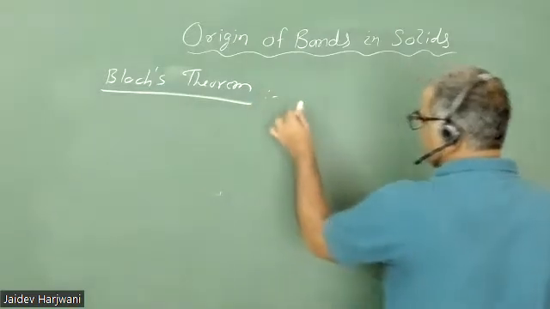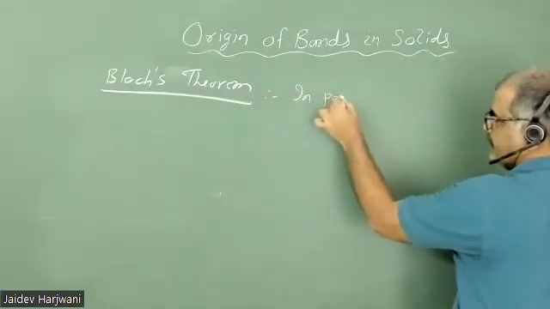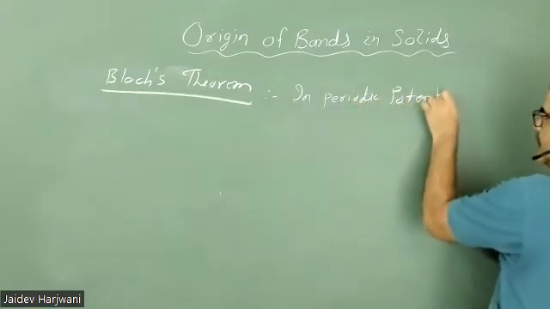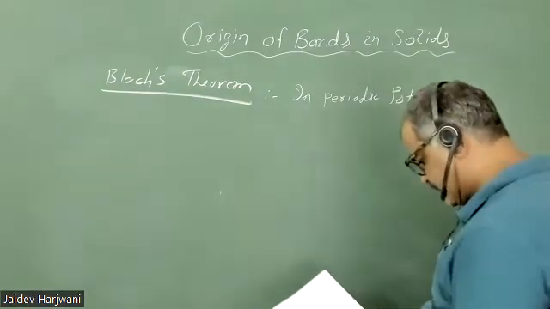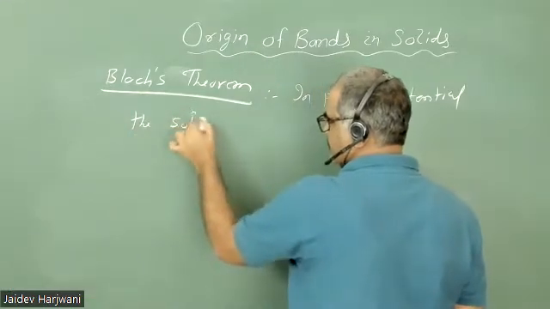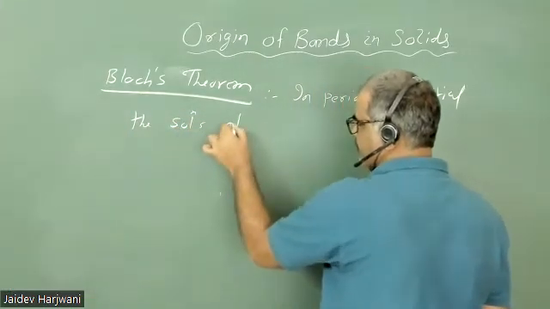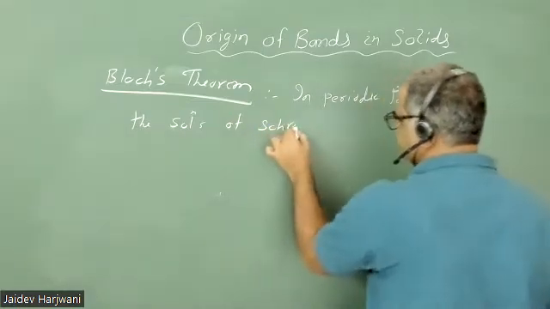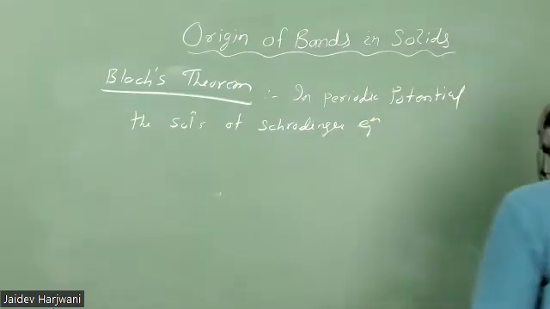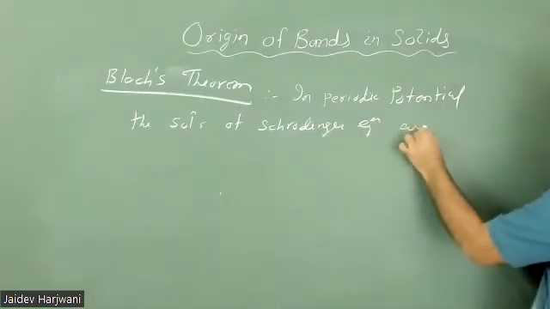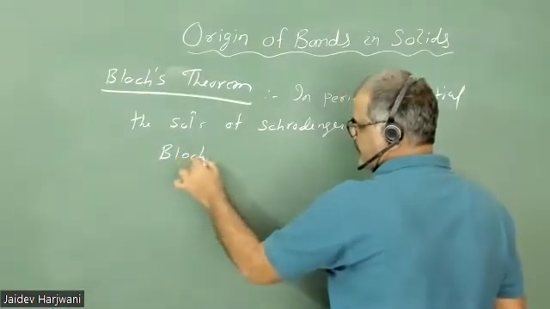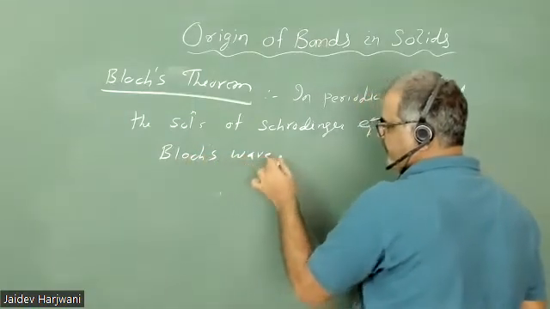In a periodic potential, the solutions of the Schrodinger equation are given by Bloch wave functions.